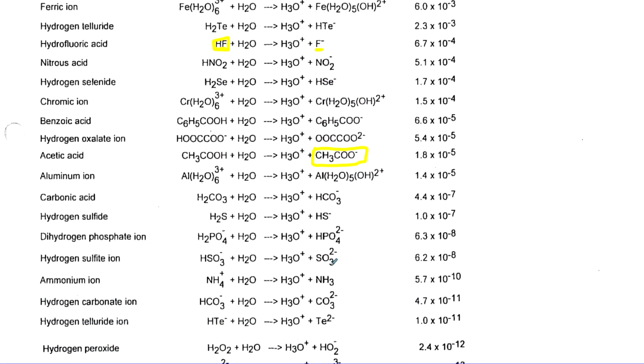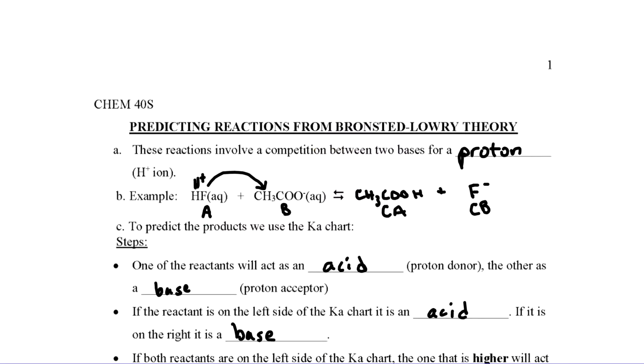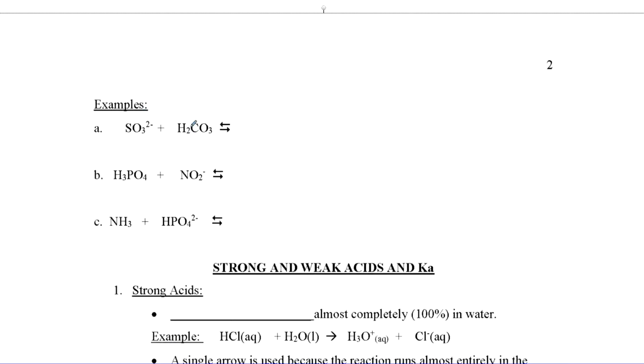And that's right here. Okay, so you can see it's on the acid side, that one's on the base side. So the hydrogen ion, you don't have to draw that in. That's just what I do to show what's happening, but it's not required. So there's my acid, there's my base.